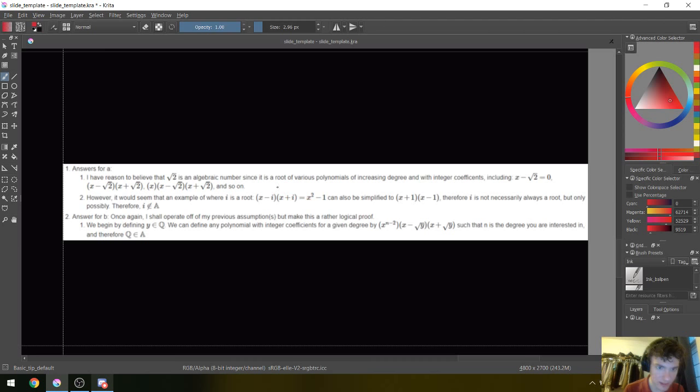Okay, so this is the stuff so far for algebraic numbers. Let's recall the definition. What is an algebraic number?